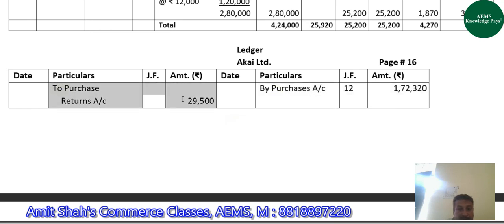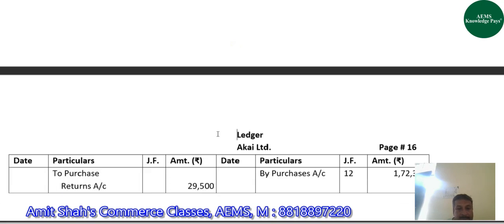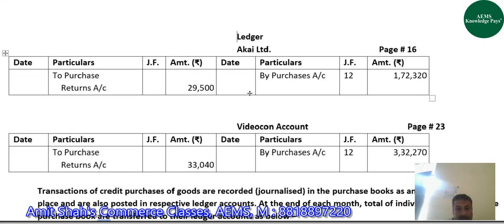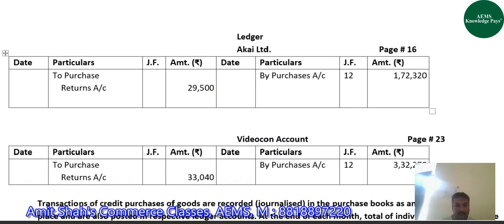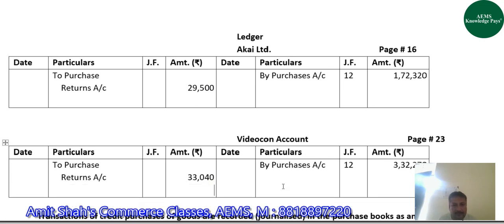Now you have to note down this on the debit side. Please do this fast all. I hope guys you all have understood what I have asked you to do, right?